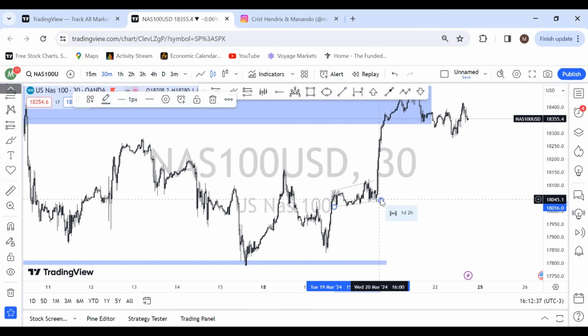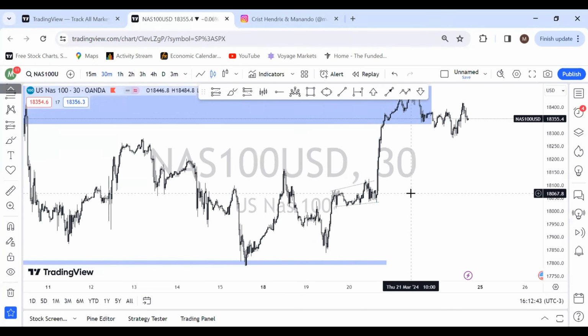Right there. So when it comes to trading a bullish correction, you focus on the support because that's where you want to take your trade. You don't want to take your trade based on the resistance when you're trying to buy, right? You want to buy at the support. Okay, fine.